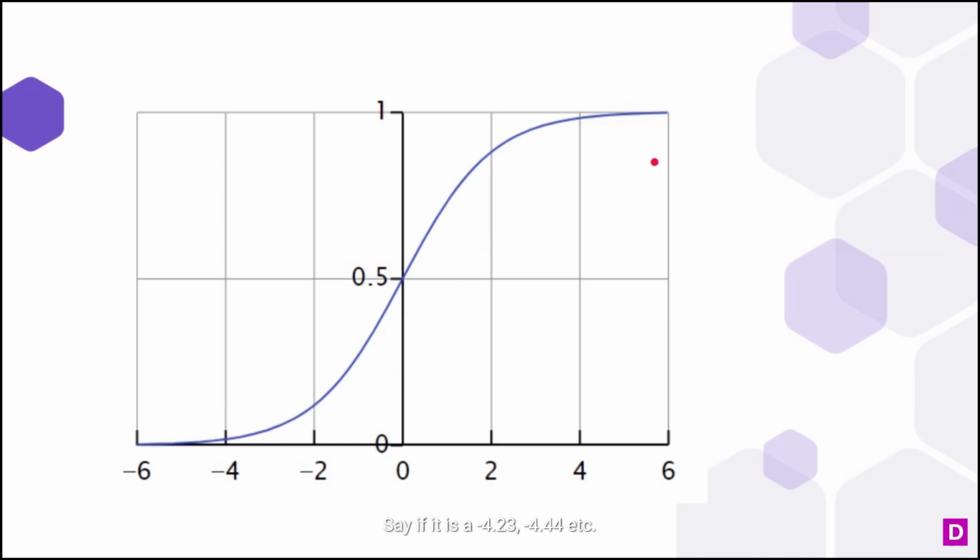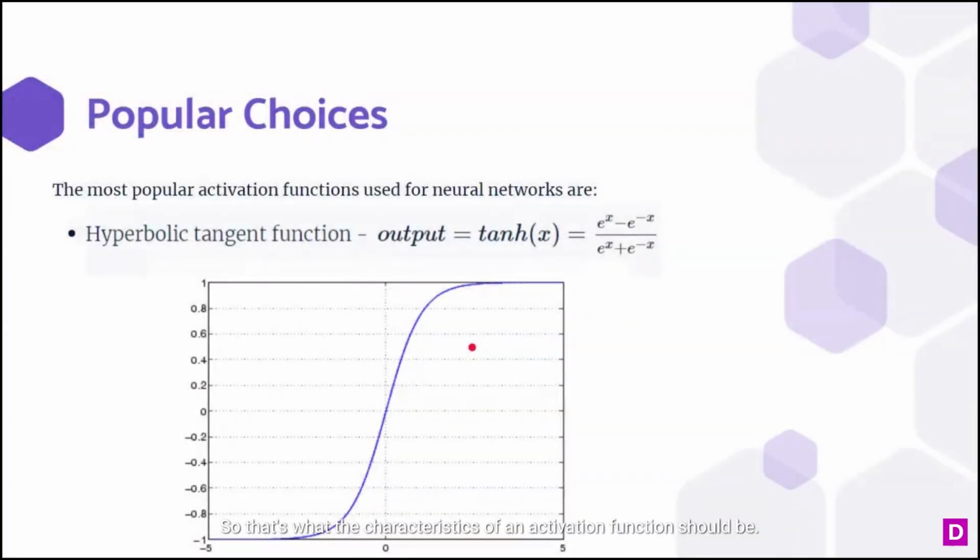Say if it is minus 4.23, 4.44, etc., we still have an output signal detected, right? It is not an abrupt change in the output signal. That's what the characteristic of an activation function should be, and we see a smooth curve for this sigmoid function.